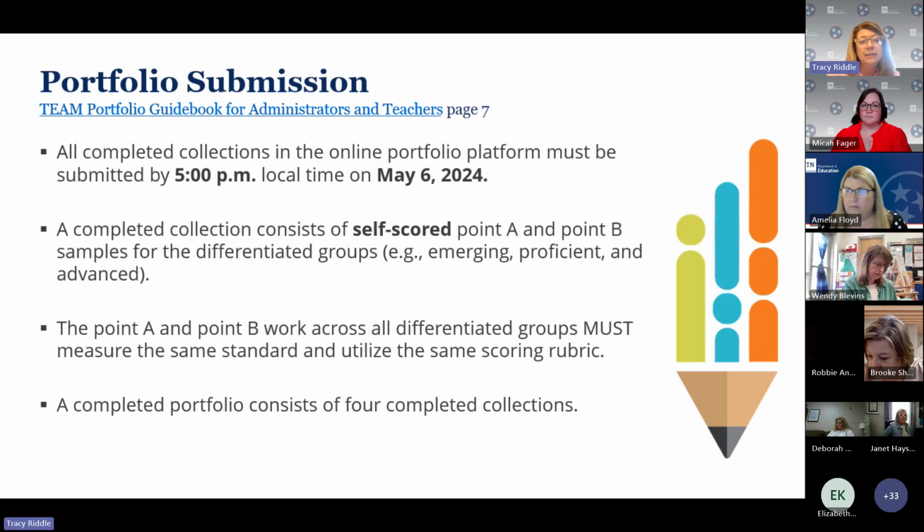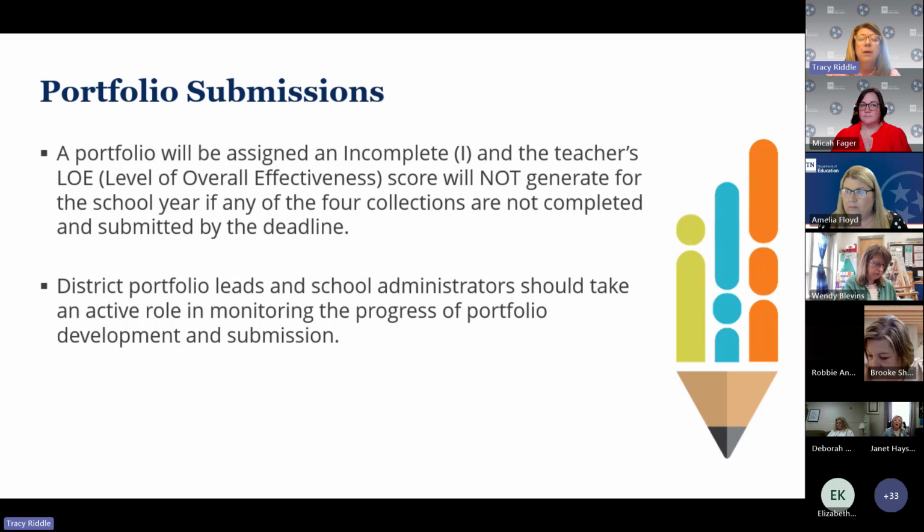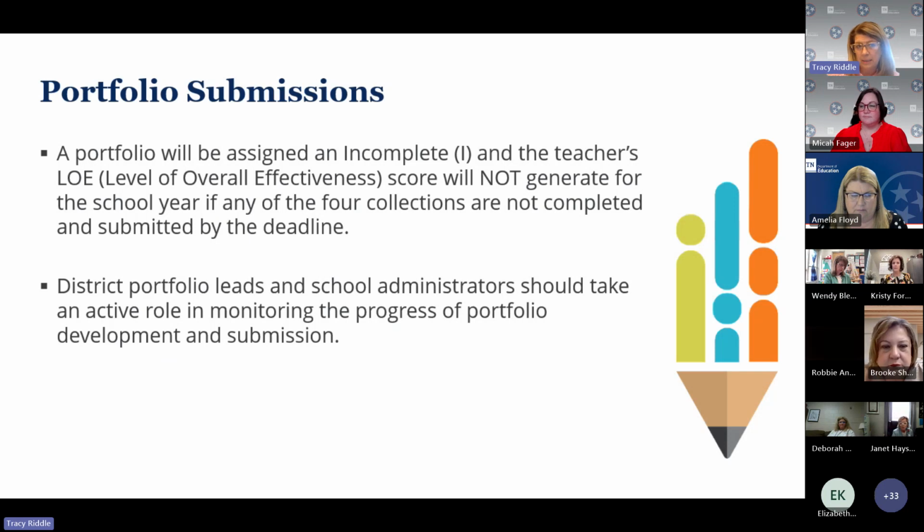When a teacher logs into the platform, they will be able to see if they are complete or not. If a teacher is not complete, they will be assigned the score of incomplete. This will go into T-Encompass. In an incomplete portfolio, the teacher does not generate an LOE for that school year.